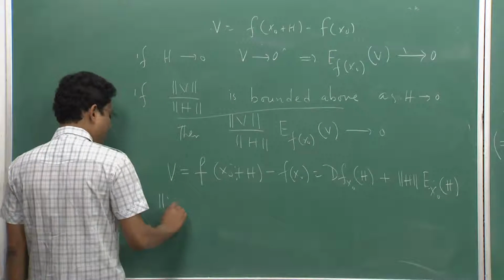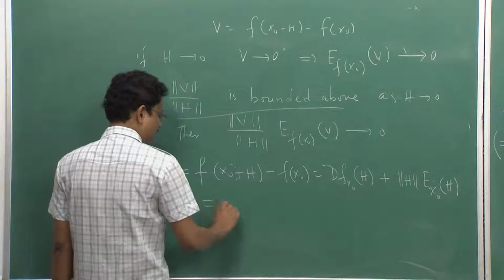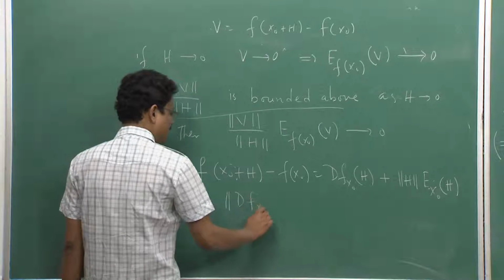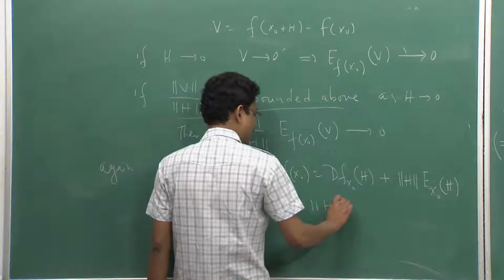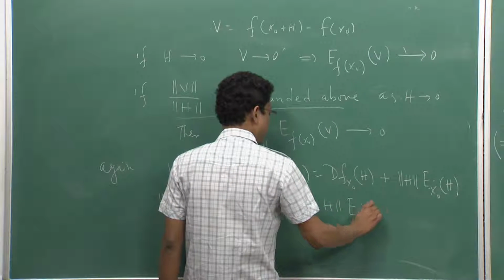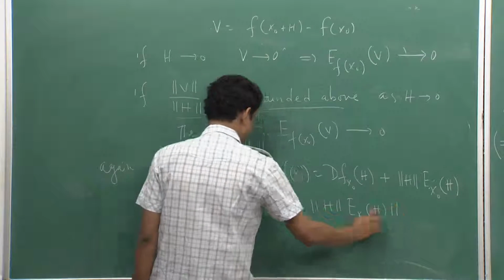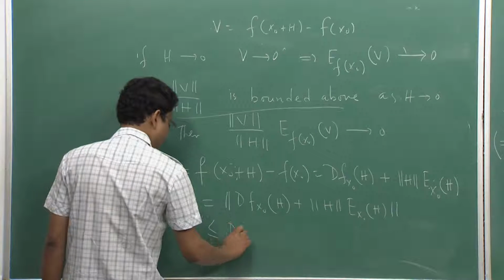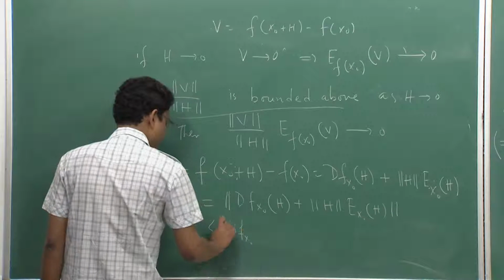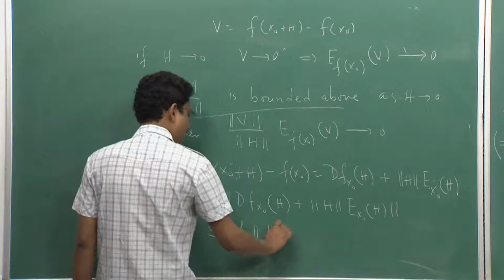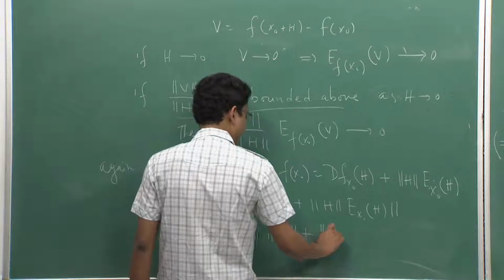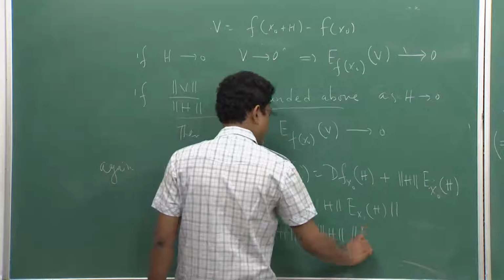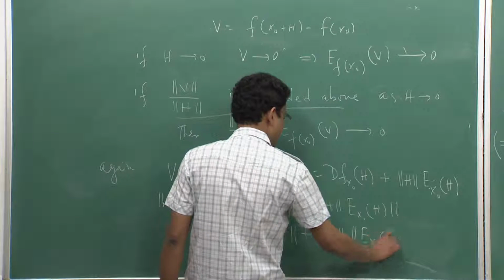So, norm V is the norm of df x naught h plus norm h E x naught h, less than or equal to norm of df x naught times norm of h, we have used it before also, plus norm of h times norm of E x naught h.